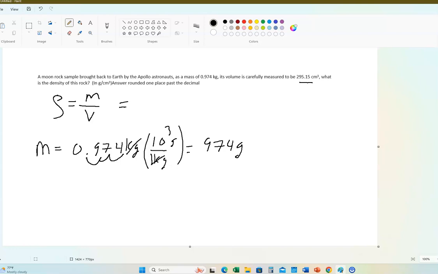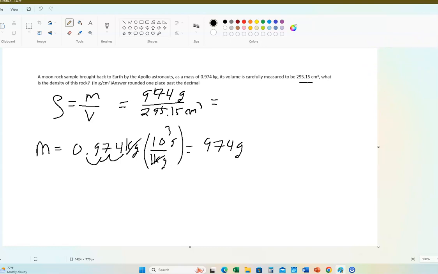Let's complete it. 974 grams divided by 295.15 centimeters cubed. We just divide those two numbers, and we will get the density of this moon rock.